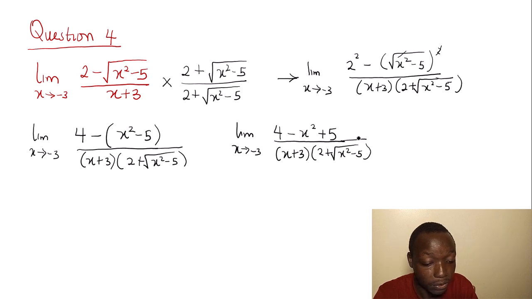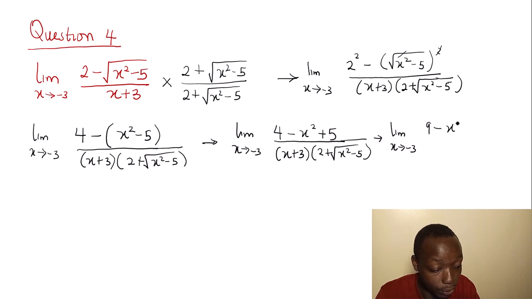If you simplify this, it leads you to this: the limit as x approaches -3 of 9 minus x squared over x plus 3, then 2 plus the square root of x squared minus 5.